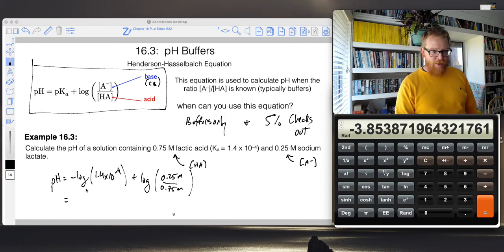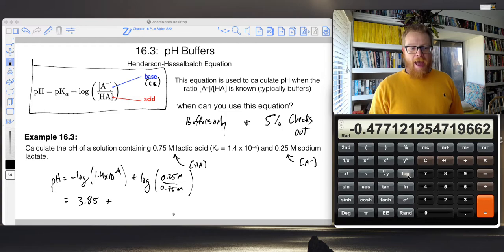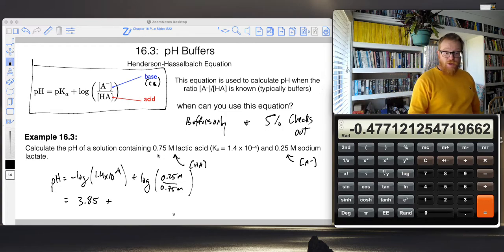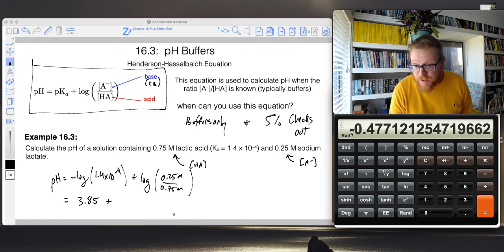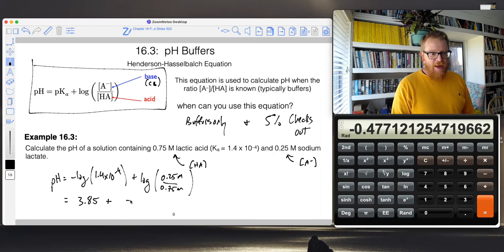Remember, it's negative log, so that negative cancels. That's 3.85 for that, plus, and now the other side. 0.25 divided by 0.75, and then I take the log of that. Remember, there's no negative sign in front of this log, so that negative sign carries through. That's negative 0.48 with the appropriate number of significant digits.